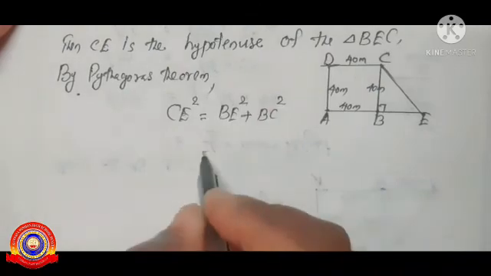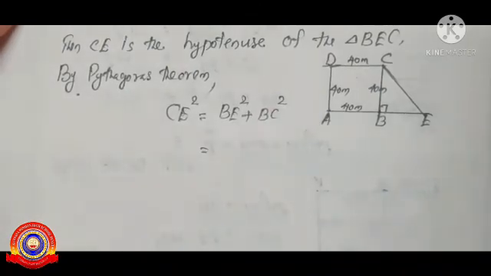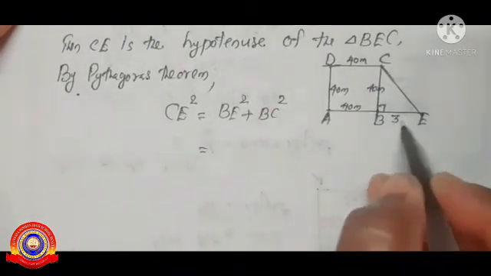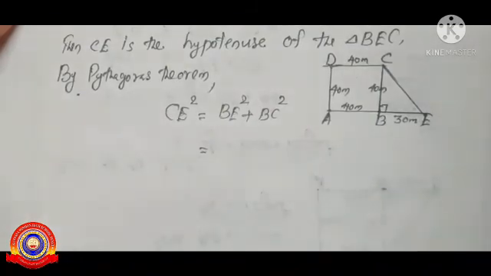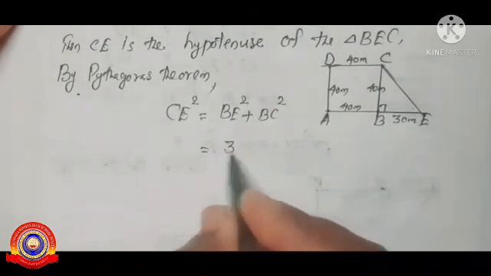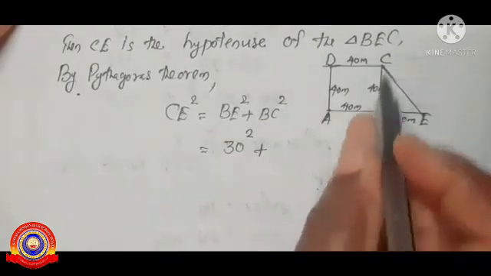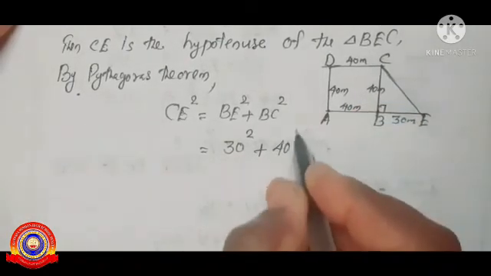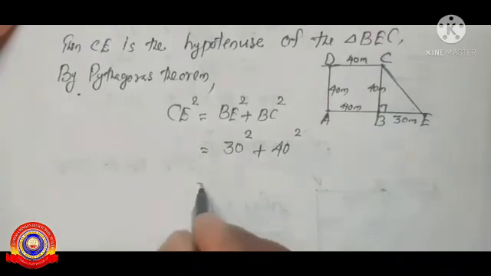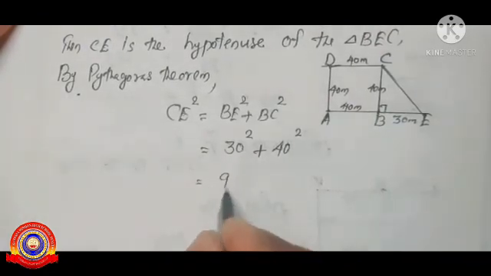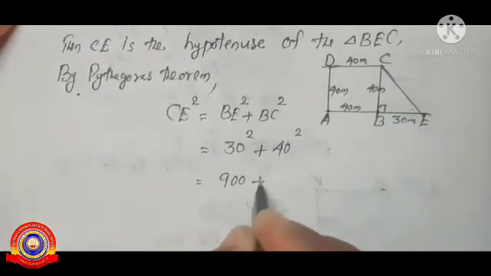We know that BE equal to 30 meter and BC equal to how much meter? 40 meter. So EC square is equal to 30 square plus 40 square. 30 square is equal to 900 and 40 square is equal to 1600.